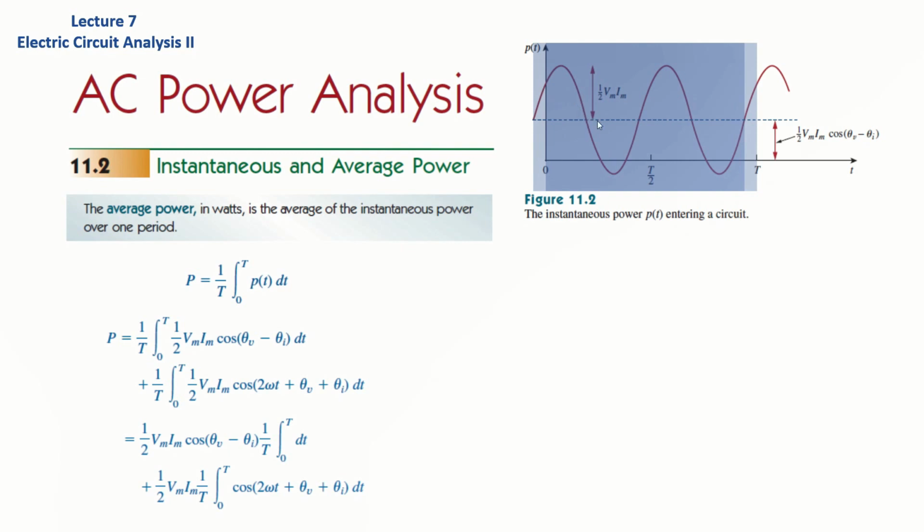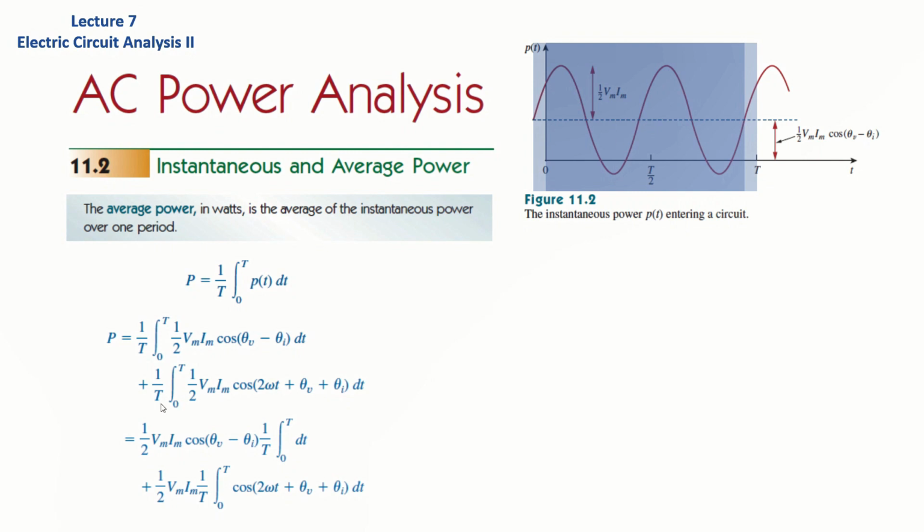So the area covered by this positive envelope will cancel the area covered by this negative envelope, and therefore you will end up with zero area.